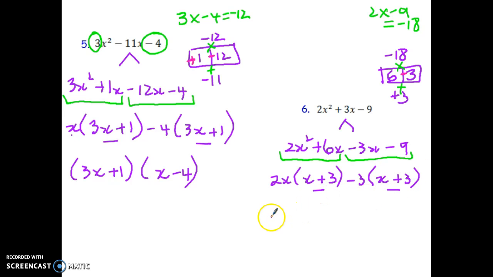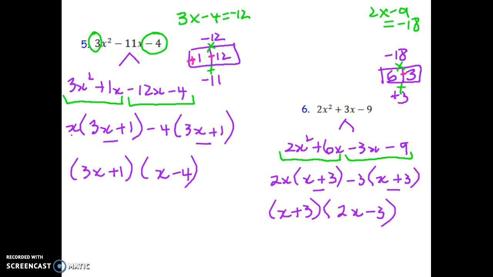Common factor comes out, x plus 3, and I have a 2x and a minus 3 left. And that is all there is to factorising trinomials of this form. There are some other methods. If we can't get factors of minus 18 that add to 3, you need to explore some other options. But we'll talk about those in later videos.